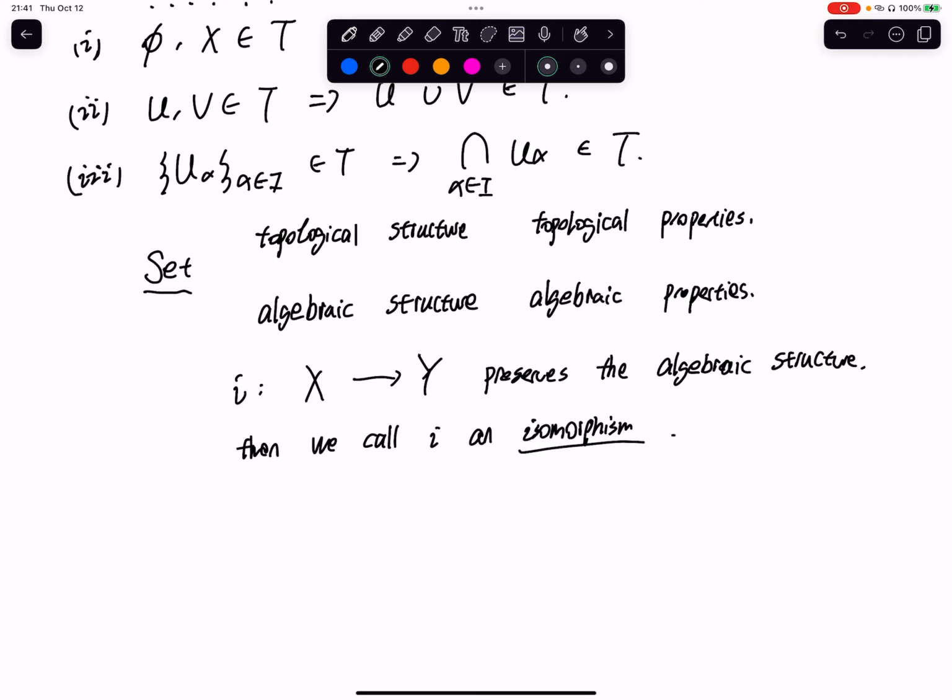So in studying topology, we also concern such a morphism or such a mapping. But in topology, if a mapping or morphism preserves topological structures between two topological spaces, we instead call it a homeomorphism.